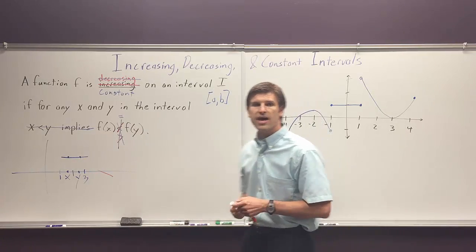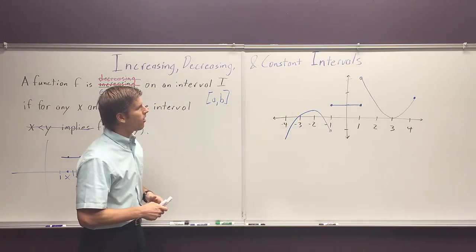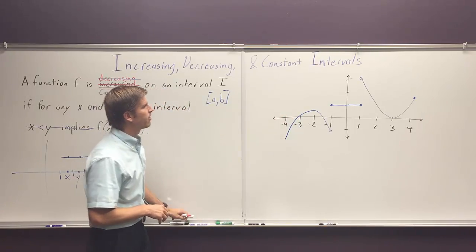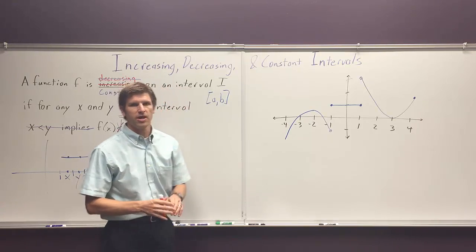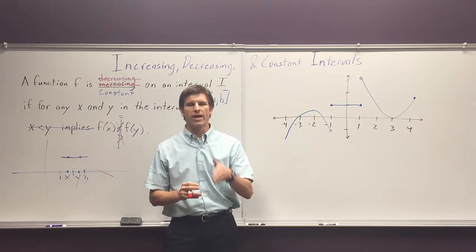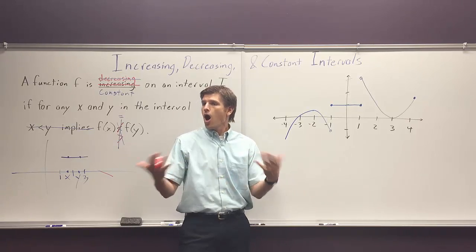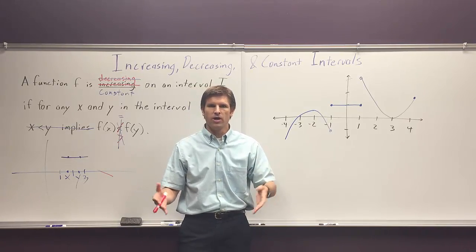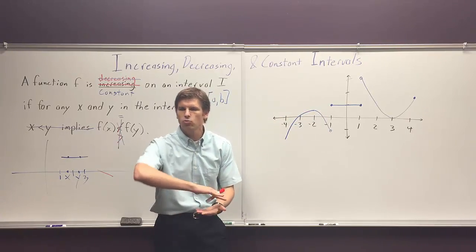Now, the way that you use this often is to talk about where on a function graph a function is increasing, decreasing, or constant. Now, here's the catch. If I ask you, where is the tallest building in town? You won't tell me, oh, it's 400 feet tall. It's a question about height, but the answer is where it is.